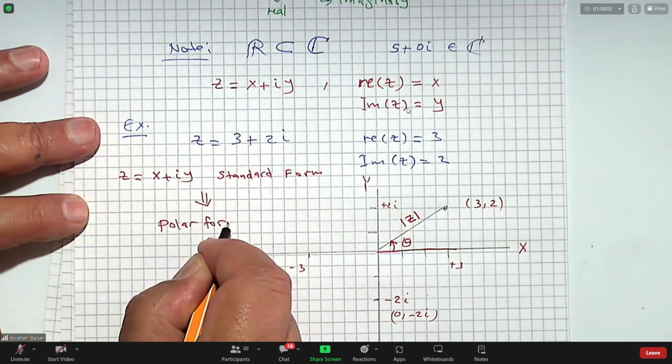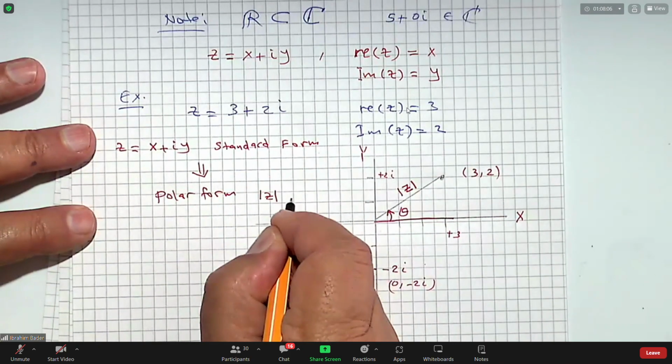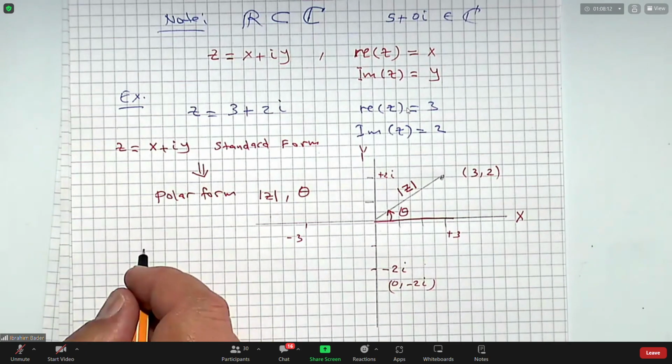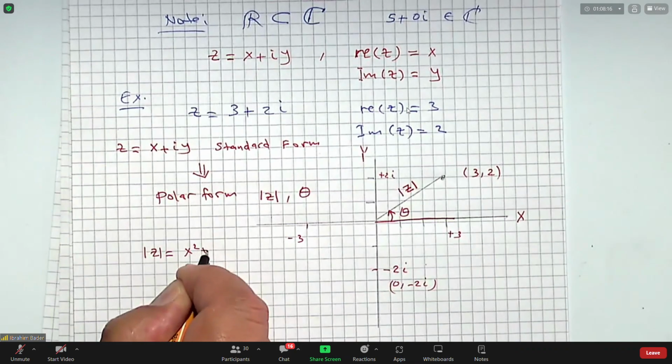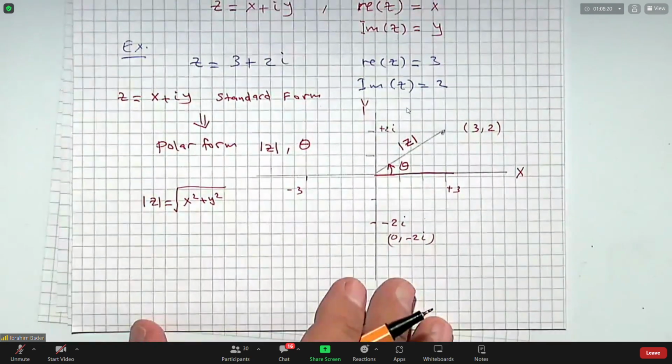And remember what we needed for polar form. We need the magnitude and we need theta. Again, here the magnitude is straightforward. The magnitude of z is equal to the square root of x squared plus y squared, similar to what we did with vectors.